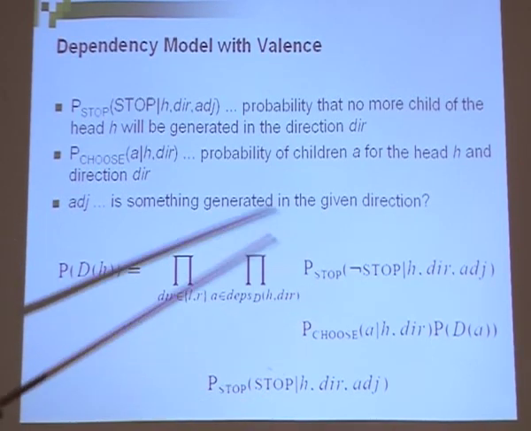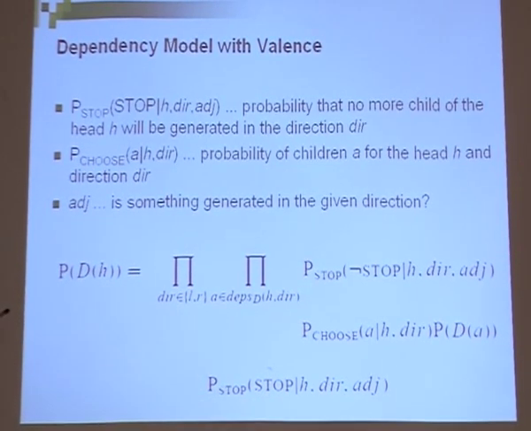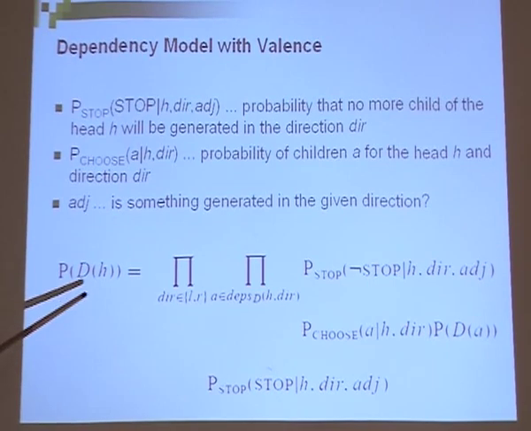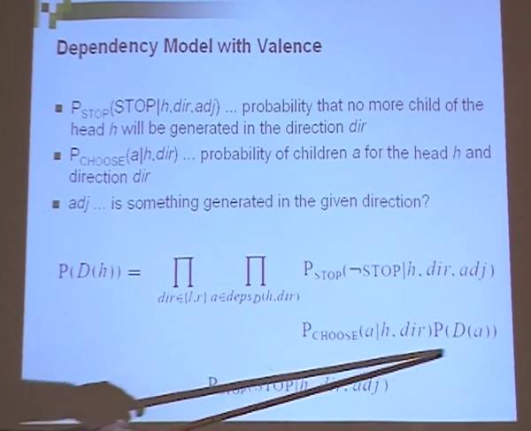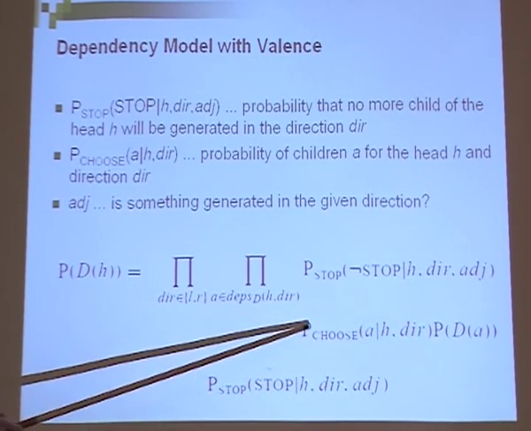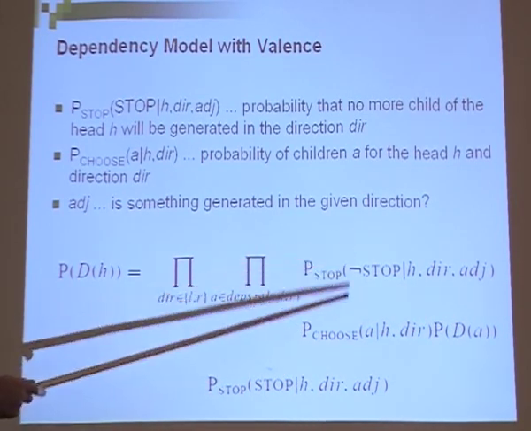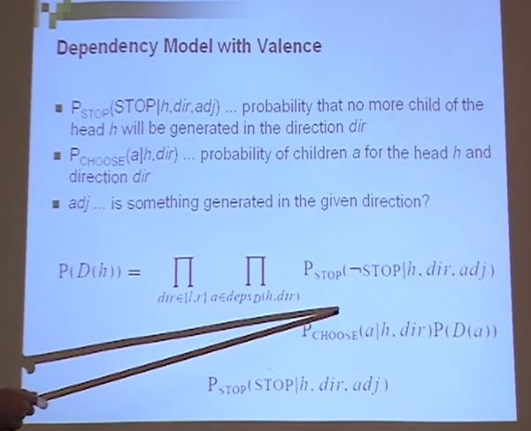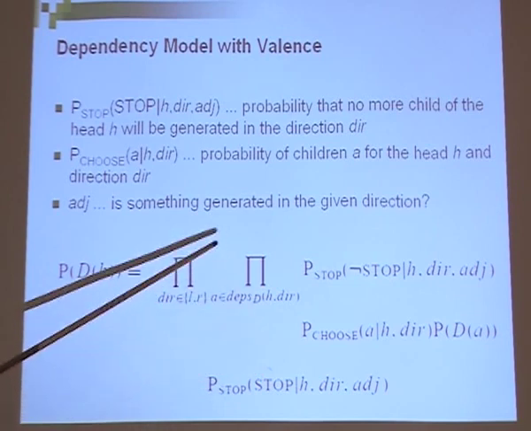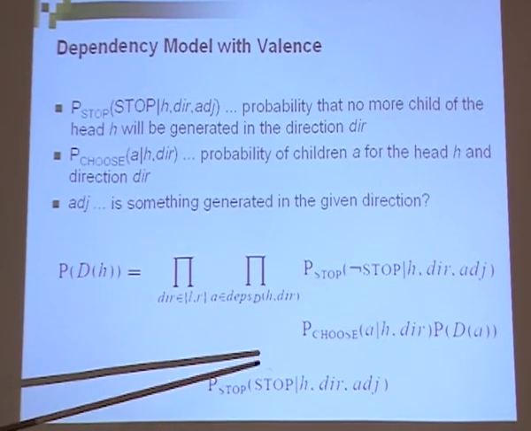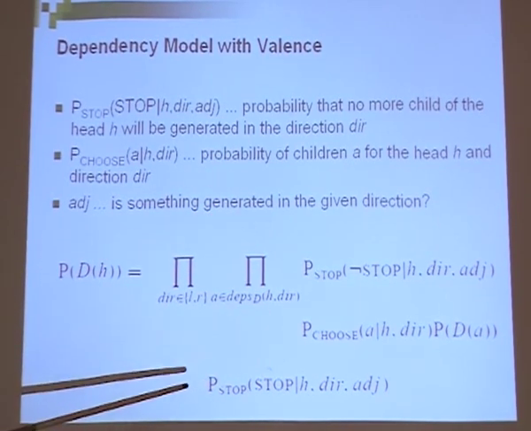And this is the formula for the probability of the subtree governed by the head H. So we multiply the generating of children: we don't stop and generate children, and after generating all the left children we stop, and after generating all the right children we also stop. I don't know whether it is clear.